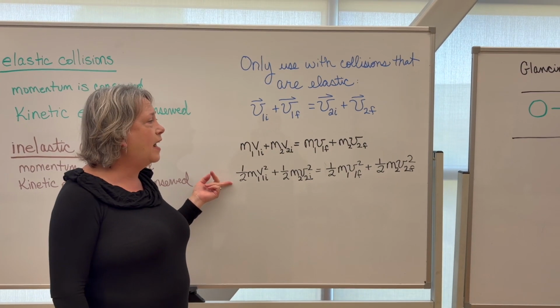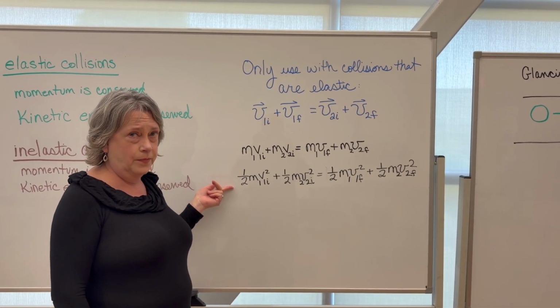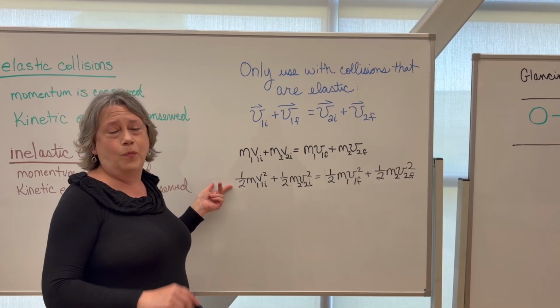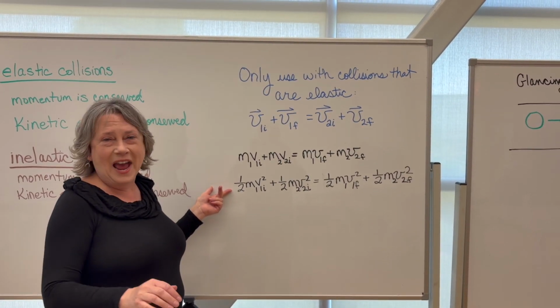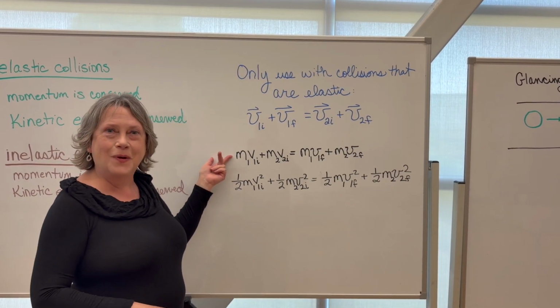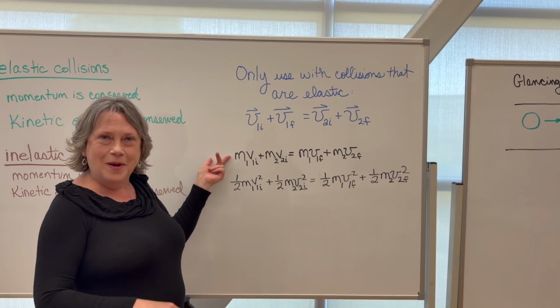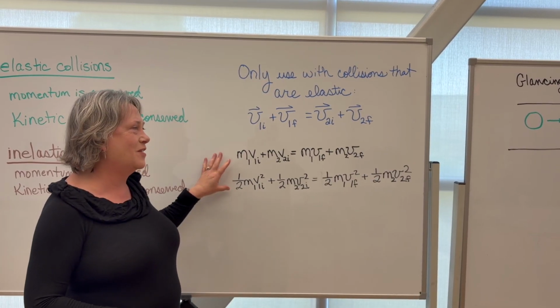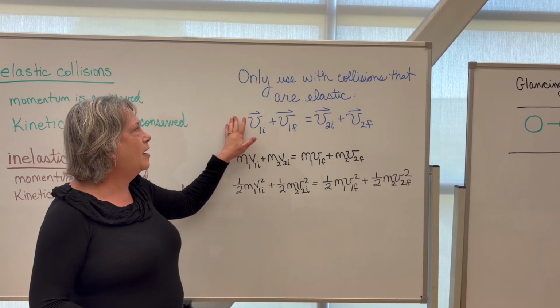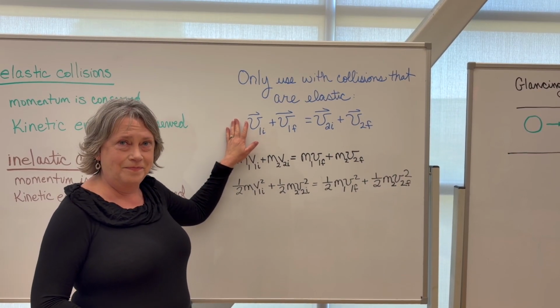And this is kinetic energy conserved. I could do a lot of algebra, and feel free to ask for us to do this in class if you want, but you can also find it on the internet or take my word for it. There's a lot of algebra solving these two equations simultaneously. What we end up with is this equation.